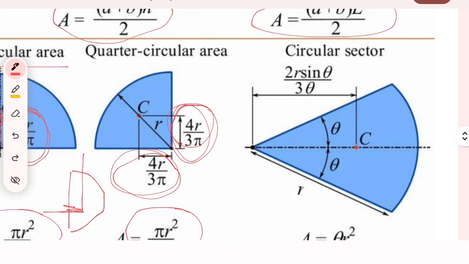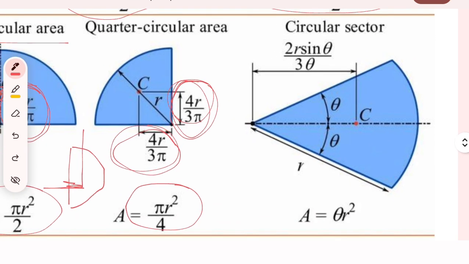For a circular sector, this is the area of a circular sector: theta times r squared. So if an angle is given, then it is theta times r squared. That would be the area of a circular sector. And of course, the location of the centroid of a circular sector is given by this formula: 2r sine theta divided by 3 theta.